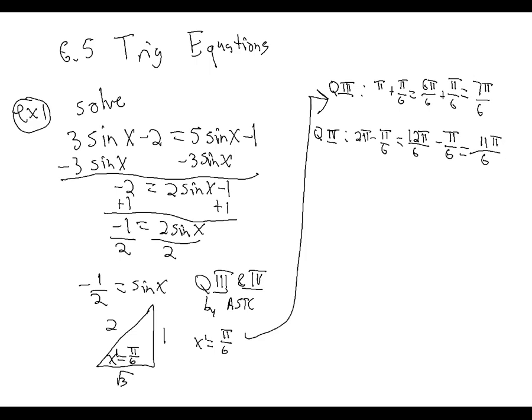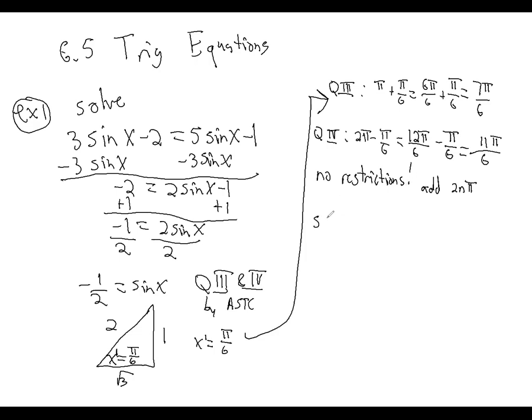But going back to the problem, all we said was solve. There were no restrictions here. So there were no restrictions to the domain, so that whole add 2n pi or add n pi situation is in effect. Now, because we're dealing with solutions involving sine, we're going to add 2n pi to both of these solutions.